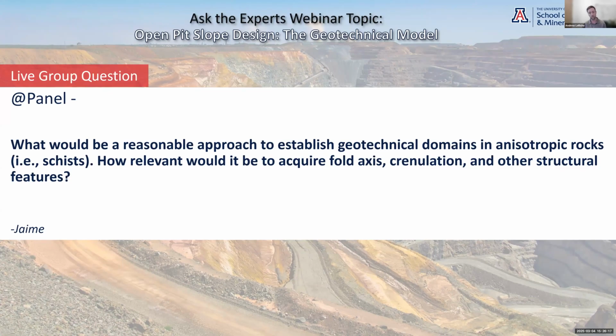Drawing on some experience, more on the structural geology work in iron formations, understanding your deposit geometry is critical, and that changes down the length of your footwall, for example. So being able to identify where those fold axes are, characterizing those, and when you expect the orientation of that folded deposit to change, to shallow out, and potentially give you more grief at the bench scale or worse, is really important.